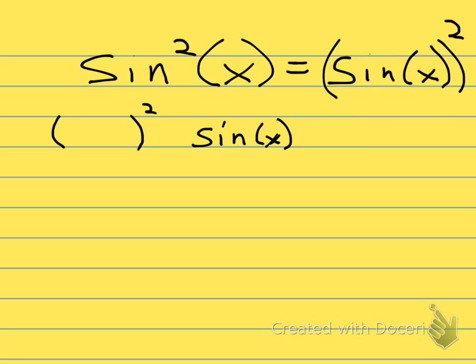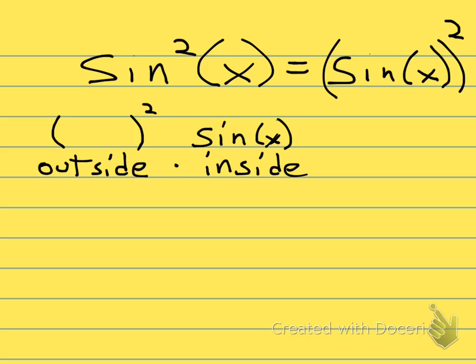So the way it works is I take the derivative of the outside and I work my way in times the derivative of the inside. Alright, so taking a look at the outside function, I have the squared function, which is my outside function.